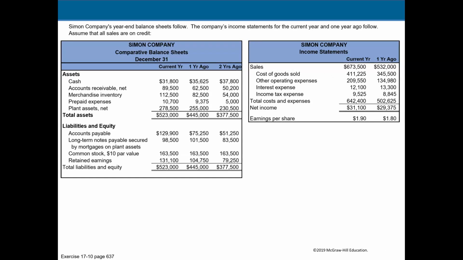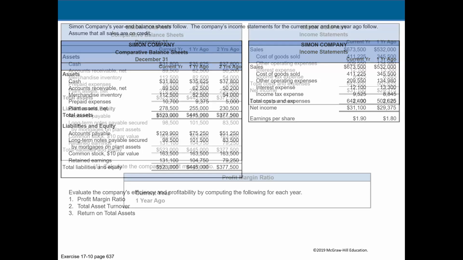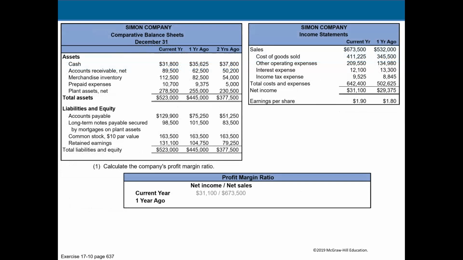Okay, so back to the same financial statements as we had before. And let's look at the profit margin ratio. Profit margin is net income divided by net sales. So net income for the current year is $31,100.